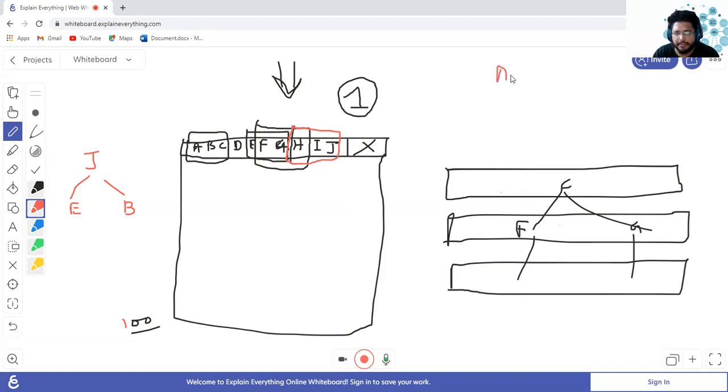First I chose ABC, then DEF, then GHI, then A, H, G, like this. This combination gave one tree.